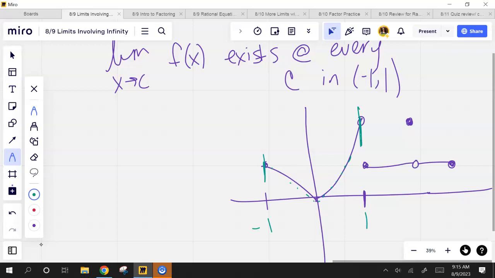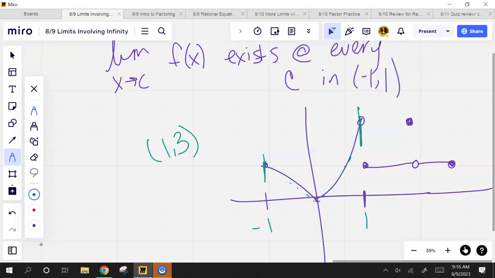That's 44H. Some type of discontinuity, some type of jump discontinuity is what you're looking for, or an asymptote or something like that. Okay, so does it exist on the interval from 1 to 3?